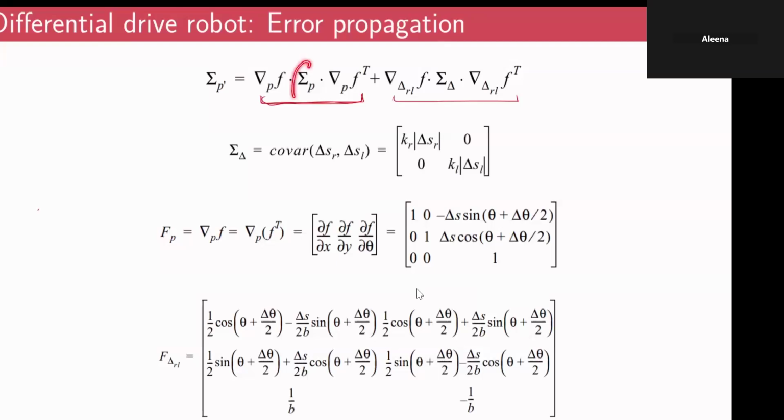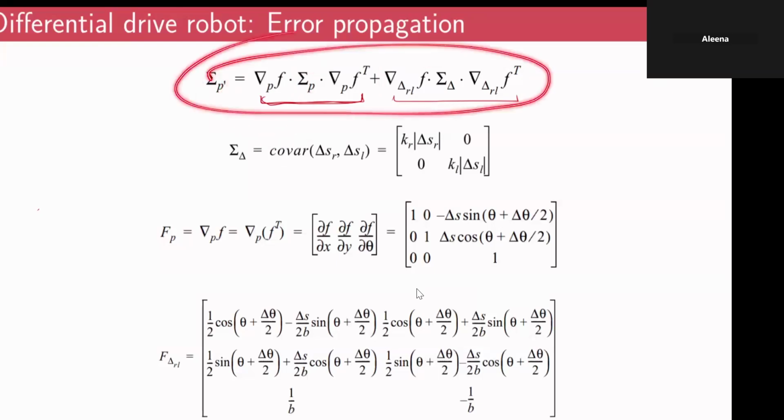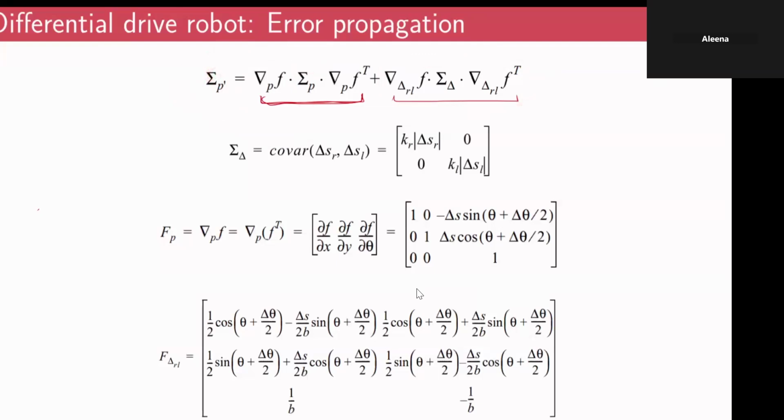So initially this will be zero, but this term will be there, and this will be the uncertainty of the next estimate. In the next step, this will come over here and we'll get a new estimate. So this thing runs in a loop as time proceeds.